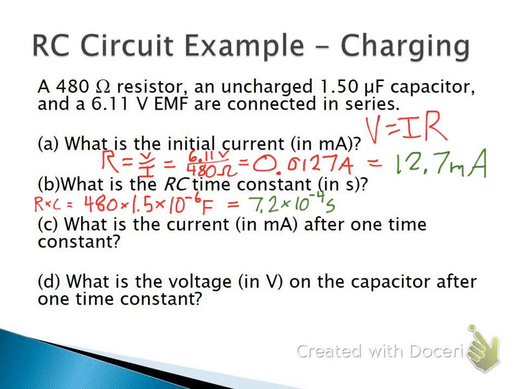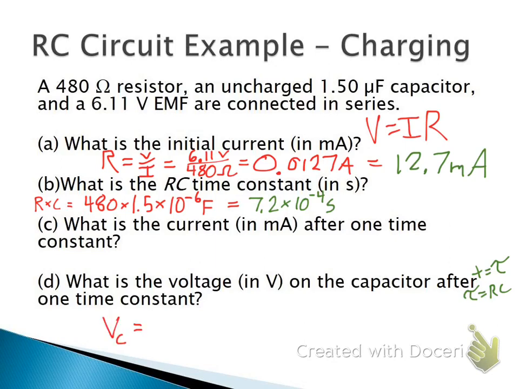Now, I'm going to jump to part D before I do part C, because I like being myself. What is the voltage on the capacitor after one time constant? This tells me that the time that has passed is the same as my time constant. And my time constant is just RC. So the time that has passed is 7.2 times 10 to the negative 4 seconds.